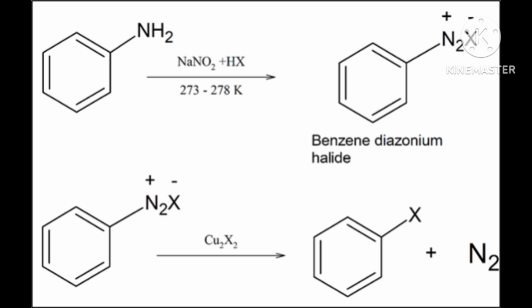Here the positive charge nitrogen, because Cl minus has given electron to the nitrogen, correct? Then that nitrogen became the NH2 nitrogen. Now it has a somewhat positive character, correct? Due to this positive character, first the N2 bond is formed.